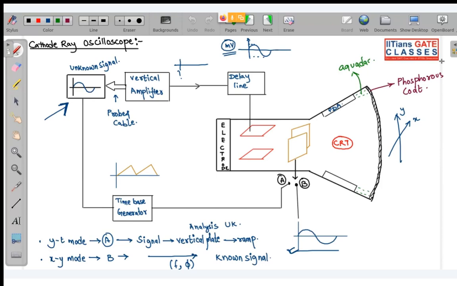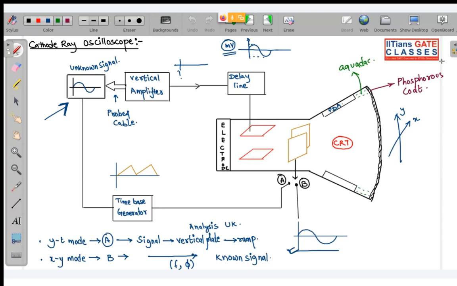In place of it is XY plotting. So write one more point. XY plotting is also known as Lissajous pattern.